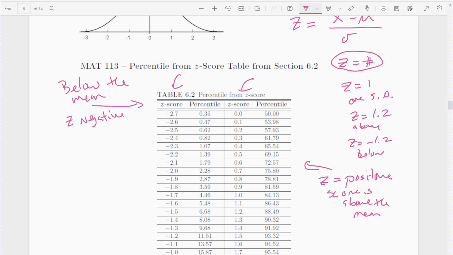Standard means we set the standard curve so that we could set up a table. So we go look at the table, and basically we have to convert to this table.